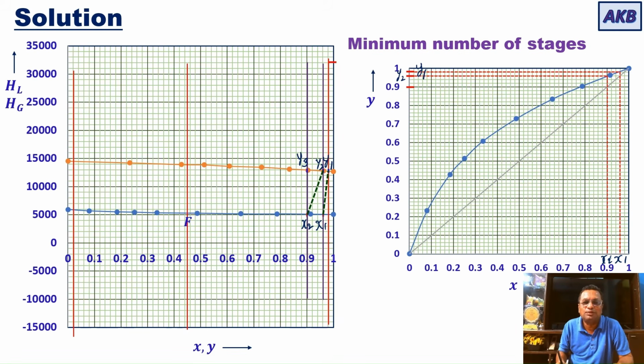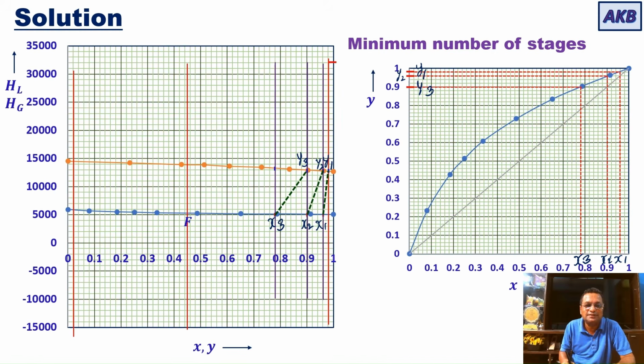Then next you have to come to the distribution diagram, locate y3. x2 and y2, they will be connected with the tie line. Then go to the equilibrium curve, get x3, come back to the enthalpy concentration diagram, locate x3, draw a vertical construction line through it, connect x3 and y3.